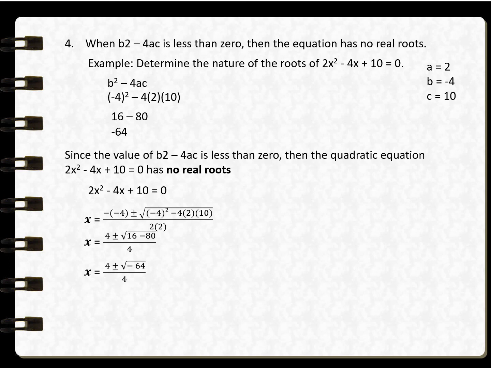Hindi po pwede kunin natin ang square root ng negative number because that becomes an imaginary number. So, the roots of equation 2x squared minus 4x plus 10 is equals to 0 are not real numbers. Kapag may negative sign sa loob ng radical sign, siya ay not real numbers.